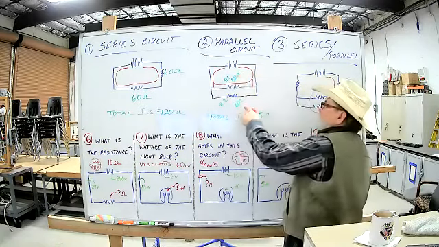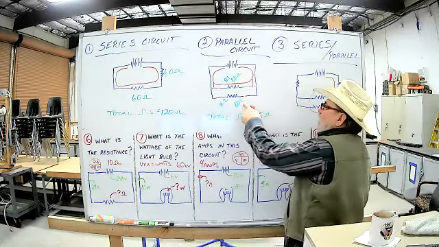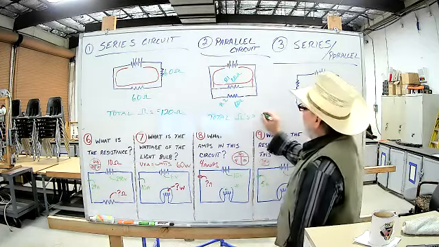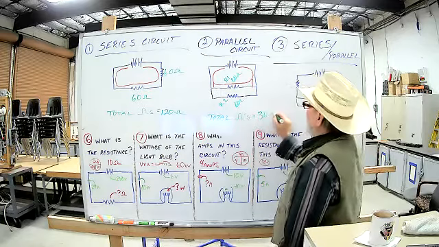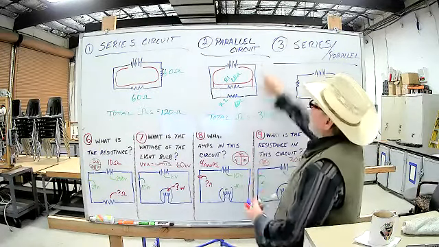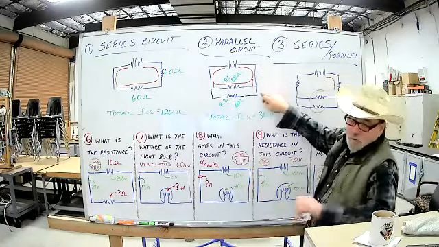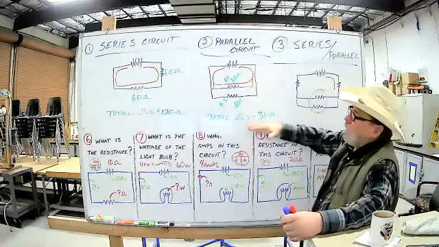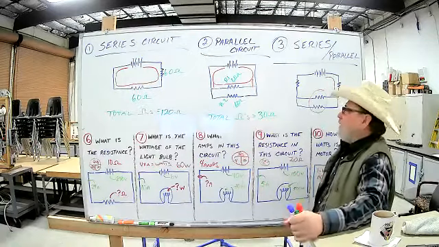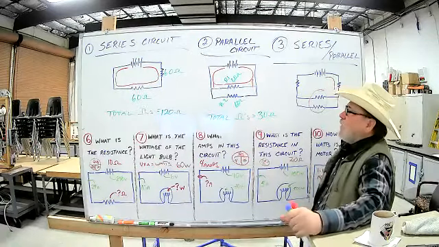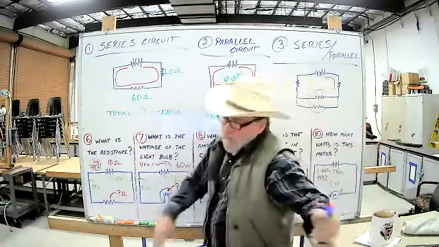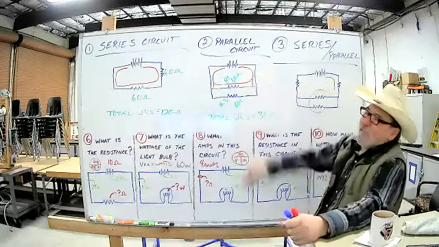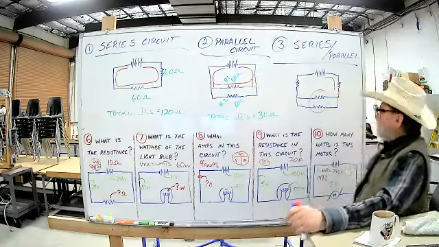Remember, it's going to be half of one of them, so that's going to give you 30 ohms. So this works in a parallel circuit when you have two resistors of the same value in parallel. Super easy. You just take half of one of them. In series, you just add them up. If you can add, you can do that. If you can divide something in half, you can do this one.